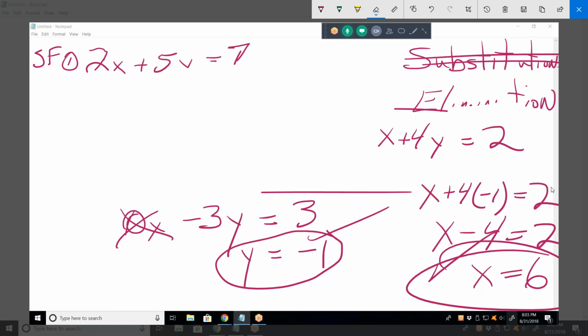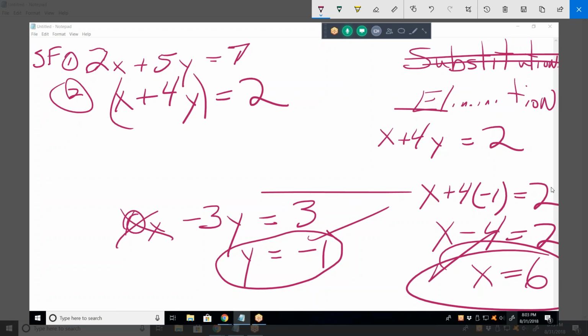So instead of multiplying, remember what our original equation 2 was. It was x plus 4y equals 2. And then what we did was we multiplied the bottom equation by 2, right? So that when we subtract them, x would disappear. Turns out that a better step is actually to multiply that bottom equation by negative 2.